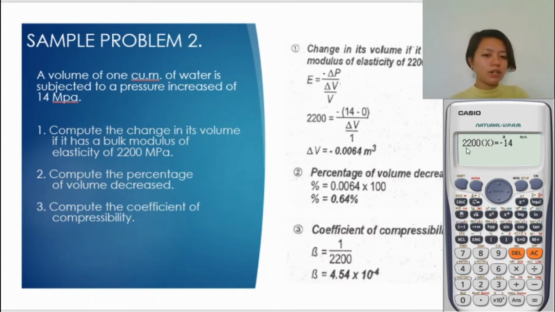So what you need to do is divide both sides by 2,200 to get the answer. Negative 14 over 2,200 equals 0.0064, I'm sorry guys, 0.064. That is the simplified solution.